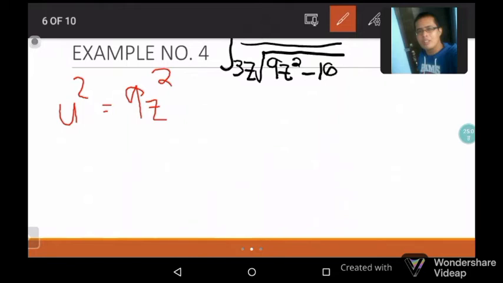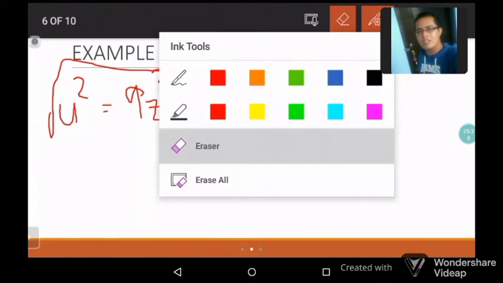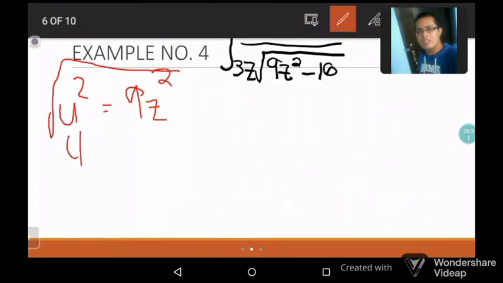So your u now, square root of 9z squared, which is equal to 3z. Pero tandaan natin, calculus to, so syempre meron tayong du, no? So 3z, so what's the derivative of 3z? Three dz.